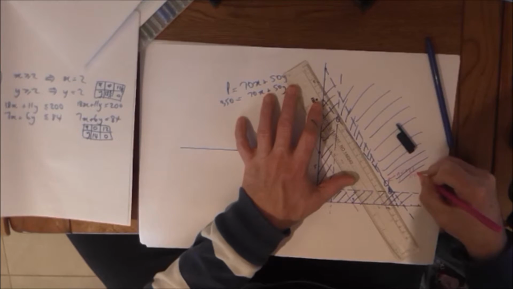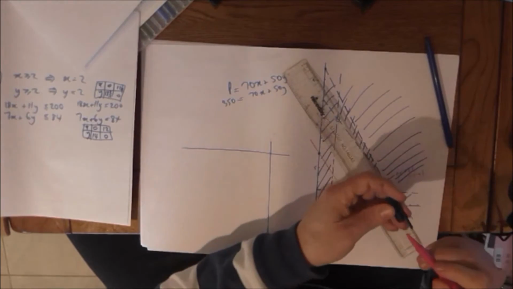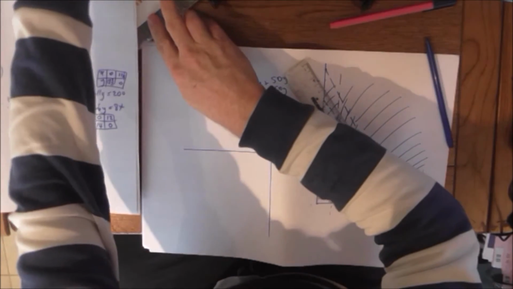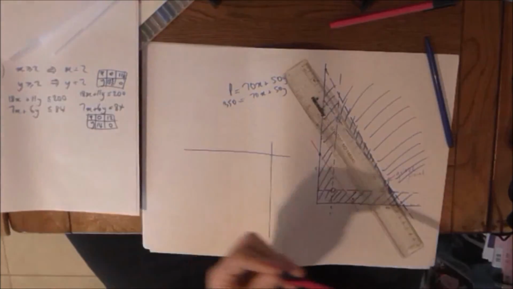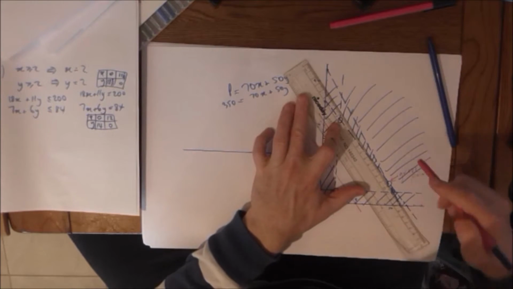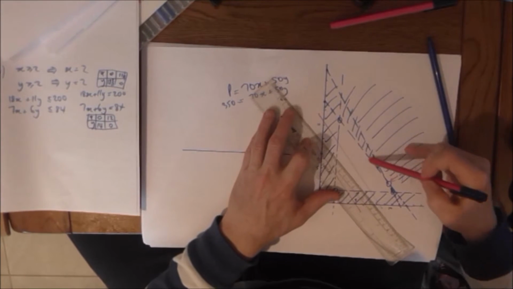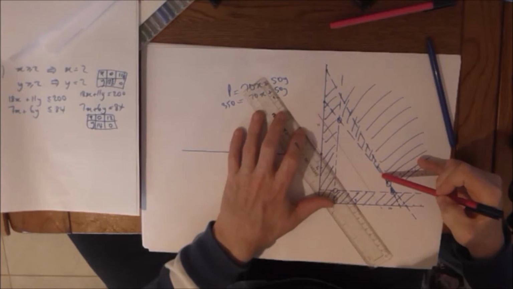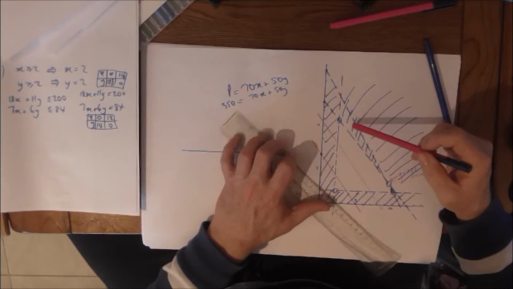Now let's just check that. It's all very well for me to say it's pretty clear. It might not be all that clear. What makes it hit this one is that this line is steeper than that one, but not as steep as that one.